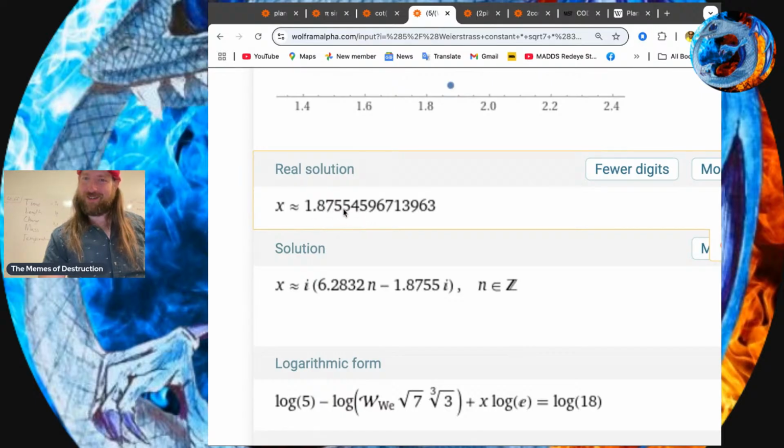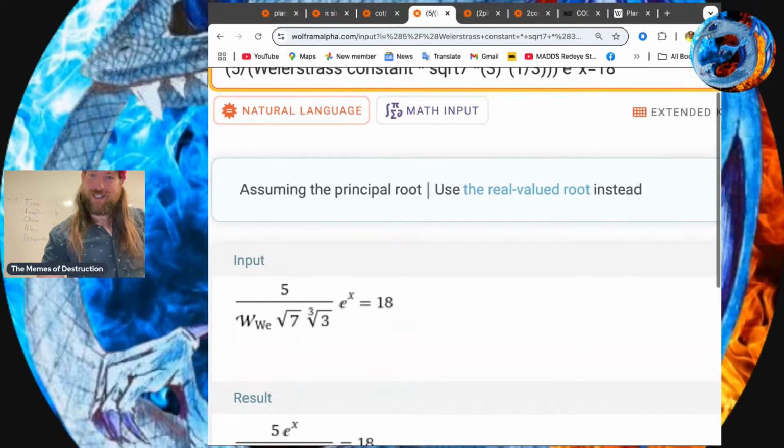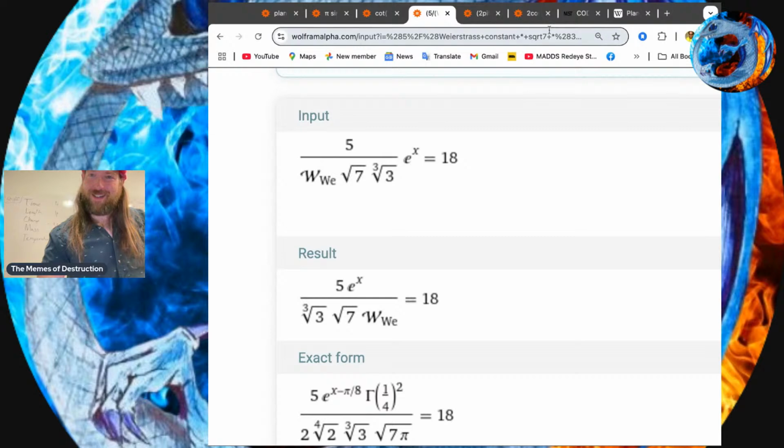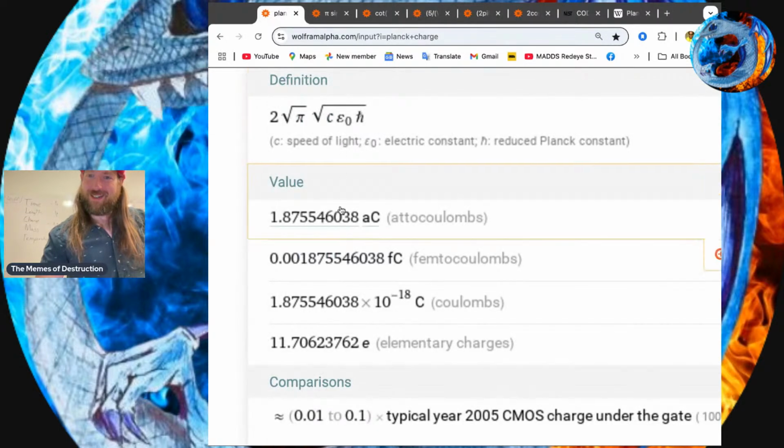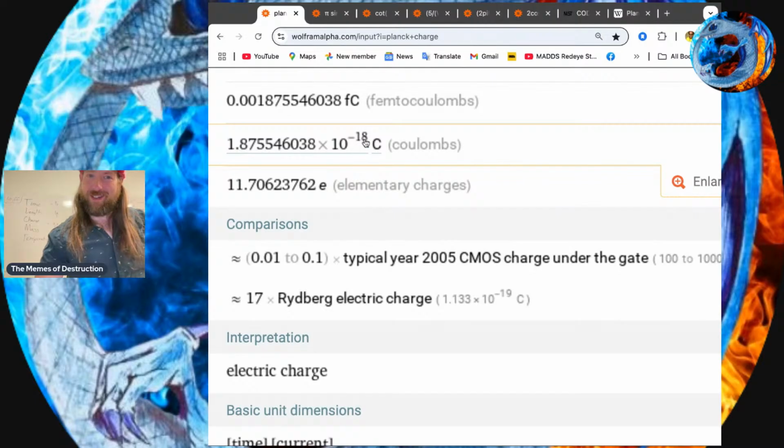So 1, 2, 3, 4, 5. So basically right around the 6th, 7th significant digit, we have a little deviation there. Okay, and that's related to a power of 18 thing. Negative 18, so of magnitude 18 coulombs.